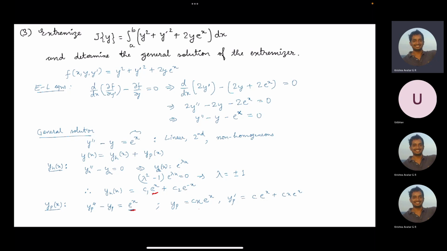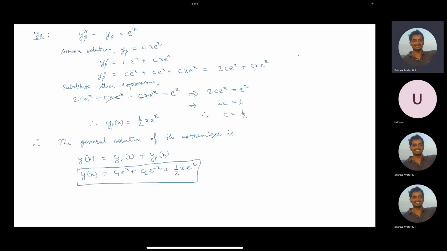Since this is not what we are supposed to be discussing here, I have just taken the final result. So the assumed particular solution is yp equal to c x e to the power x, and then yp prime is equal to c e to the power x plus c x e to the power x. Now let me go to the next slide.